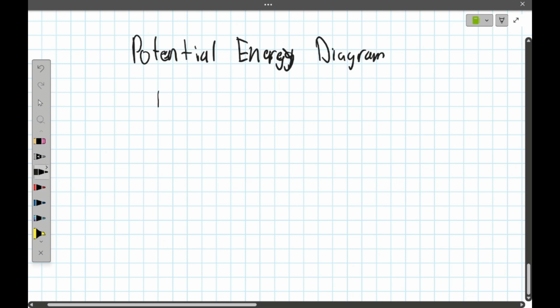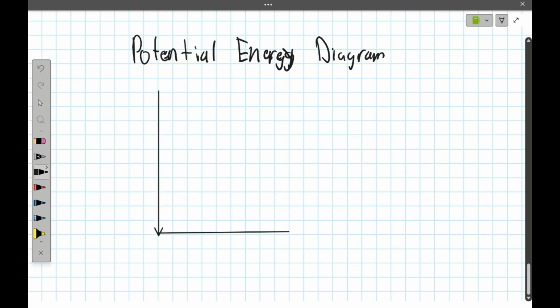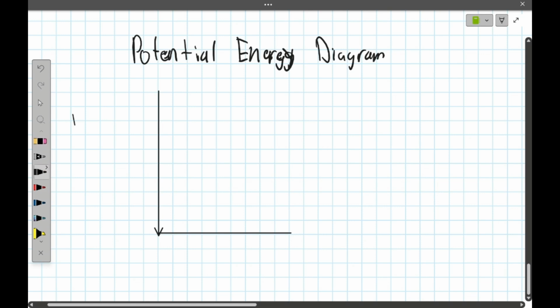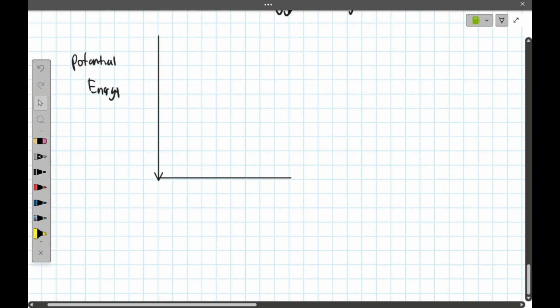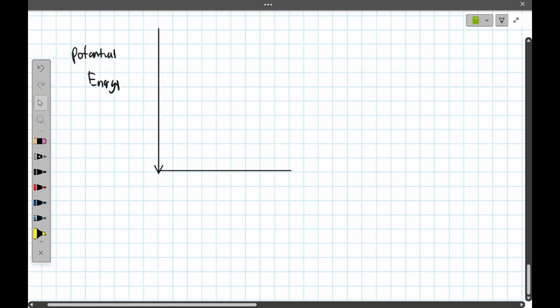Okay, so let's start by making a graph. On your y-axis, you have the potential energy. And on your x-axis, you have the reaction progress.